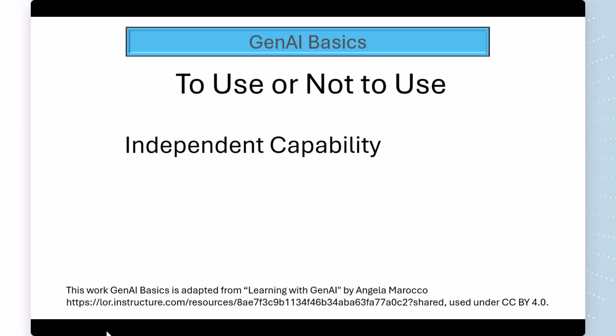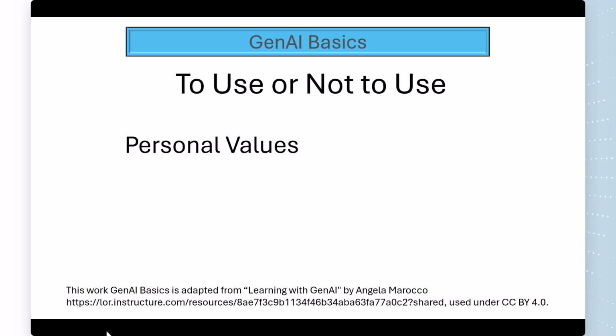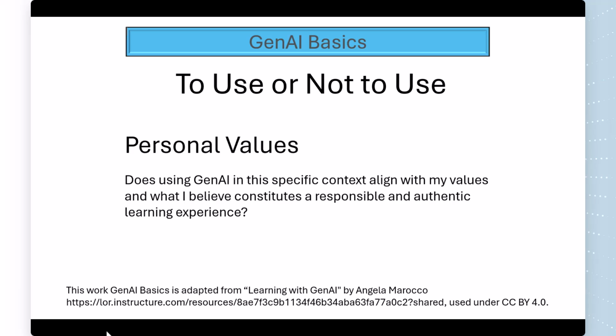GenAI as independent capability. Am I confident that I could complete this assignment successfully without the assistance of GenAI, ensuring that I strike a balance between relying on GenAI and honing my abilities? GenAI as personal values. Does using GenAI in this specific context align with my values and what I believe constitutes a responsible and authentic learning experience?